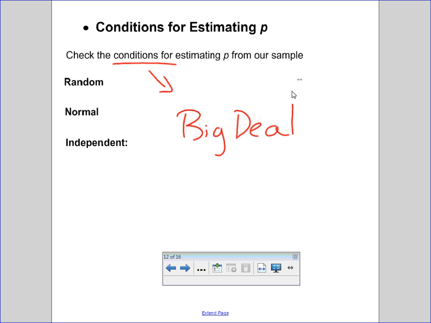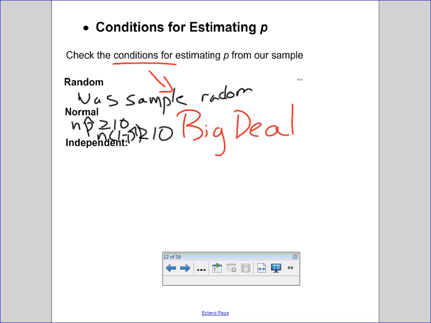All right, and so random: was the sample random? You'd have to check that, and you could simply say the sample was random as stated in the problem. Normal: you're going to have to check that n times p-hat is greater than 10 and n times 1 minus p-hat is greater than 10. You cannot merely state that. You actually have to plug in your values for n and p-hat, calculate them, and show that those numbers are bigger than 10.